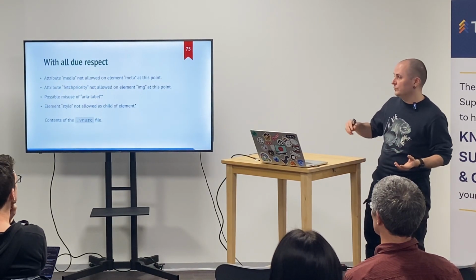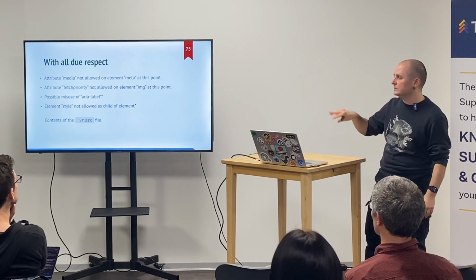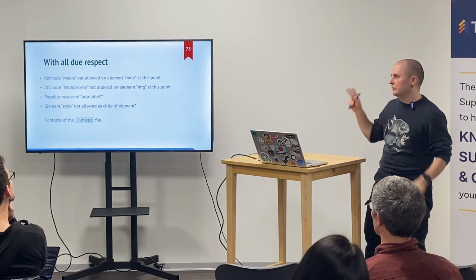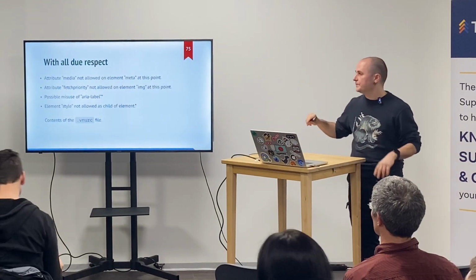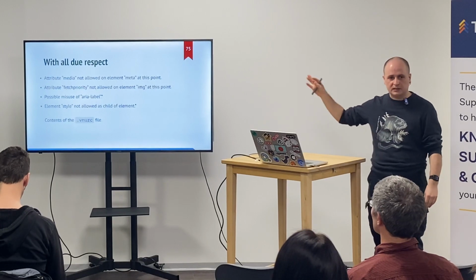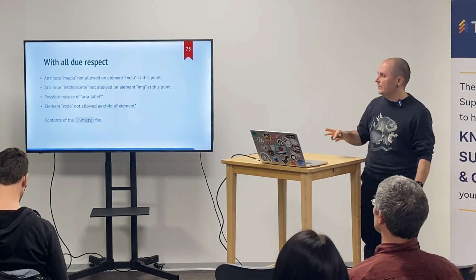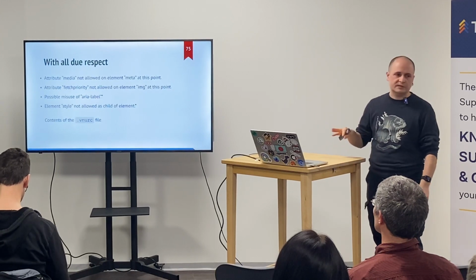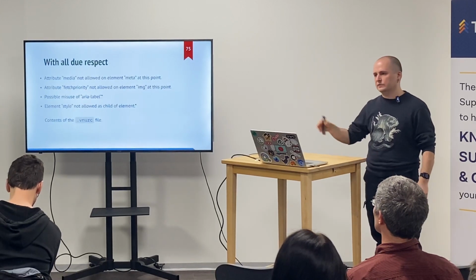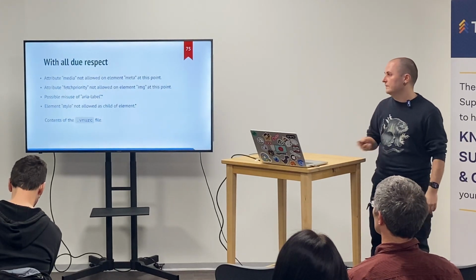So you can put some exceptions in this list. Basically, a direct quote of an error, like attribute media not allowed on element meta at this point. It is allowed in browsers already, et cetera. So if you find some errors that you're not going to fix, to filter your output, you can use this config file.